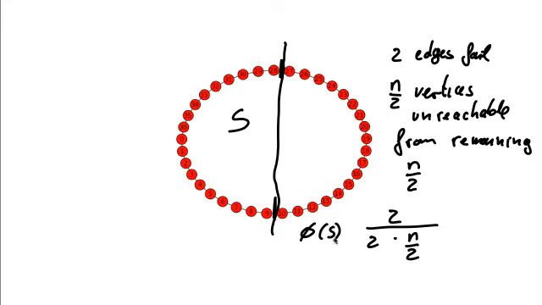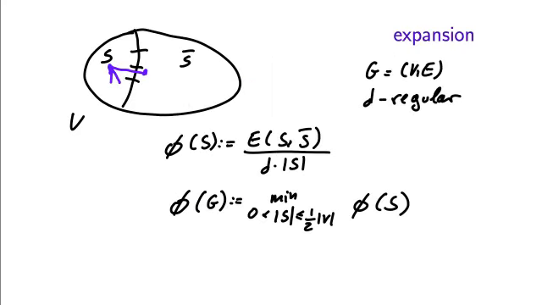So the expansion of this set S is 2 divided by n. And in fact, this is the optimal expansion for this graph. So these cycles are families of graphs where the expansion goes to 0, and it goes to 0 fairly quickly with the number of vertices.